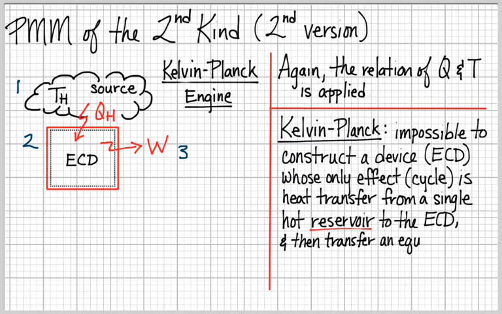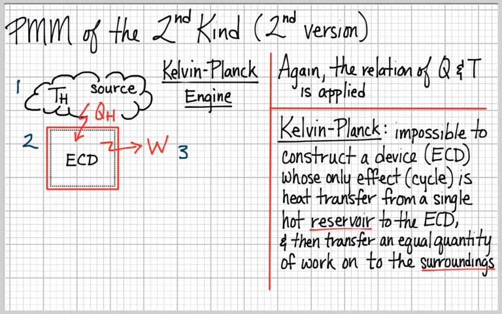Okay, this is the Kelvin-Planck engine. And if I say engine, I mean heat engine. So again, we got a relationship between Q and T to understand what's going on here. If I look at what Kelvin and Planck together say, what is thermodynamically impossible is to make a device, to get out there and engineer an energy conversion device, whose only effect through a cycle is heat transfer from a single hot reservoir to the energy conversion device and then on out with an equal quantity of energy as 100% work to the surroundings.